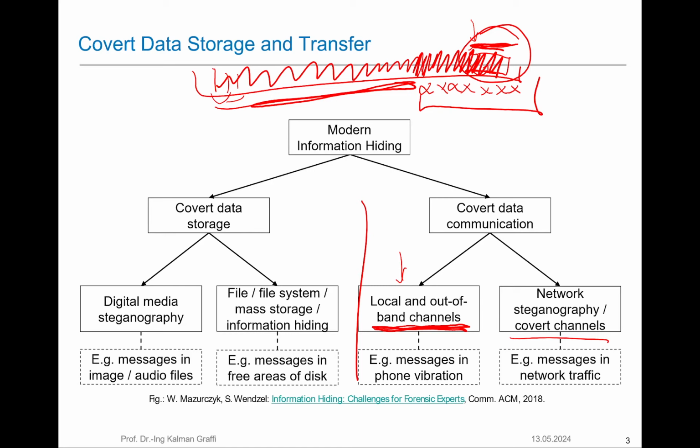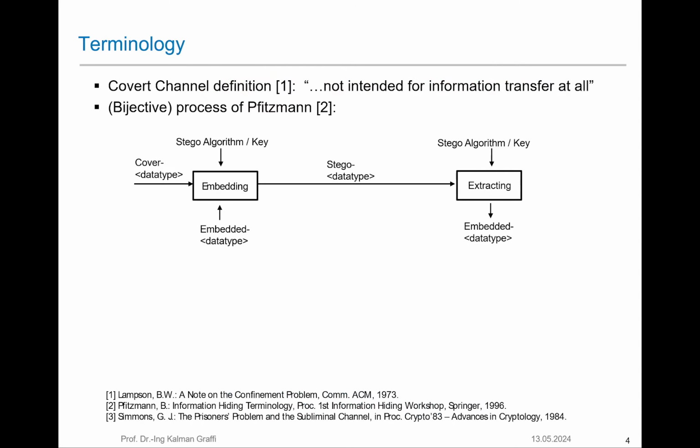This is obviously not meant for communication, but it can be used as well. But we are looking into network steganography, where you have regular communication, sending messages from A to B, that everybody can see, especially the filtering and guarding systems, and still you want to put some information in.